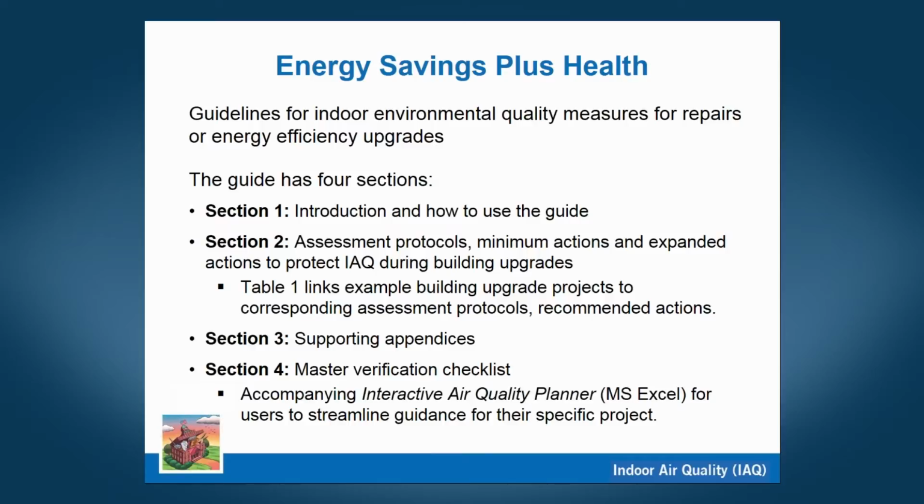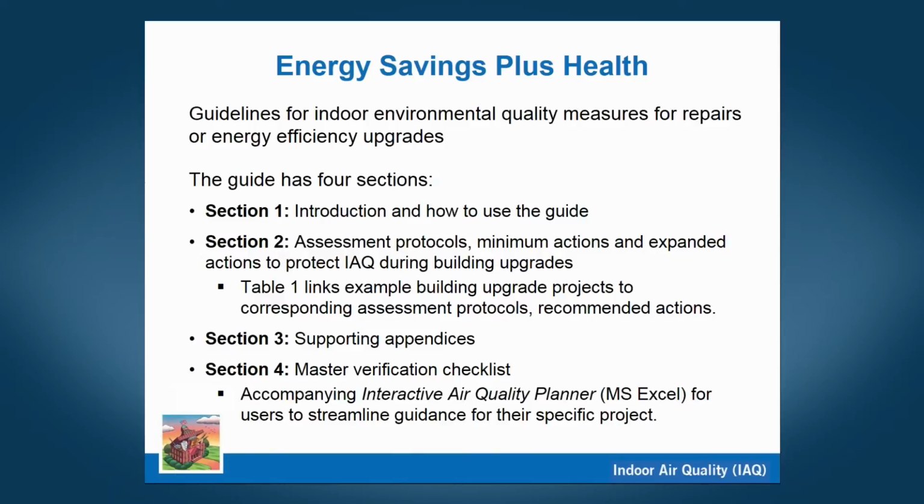The guide will provide assessment protocols for each issue and minimum actions, or we like to call them do no harm actions. And if feasible, it will also provide some expanded actions to make sure that you have the best possible indoor air quality in your buildings.